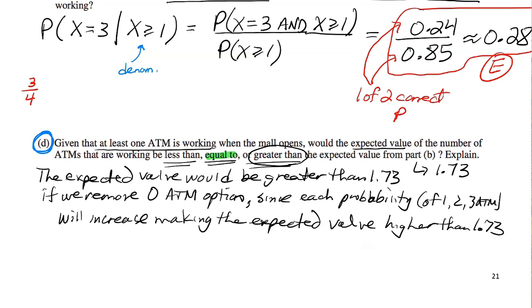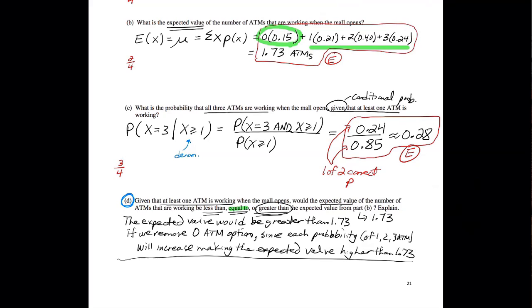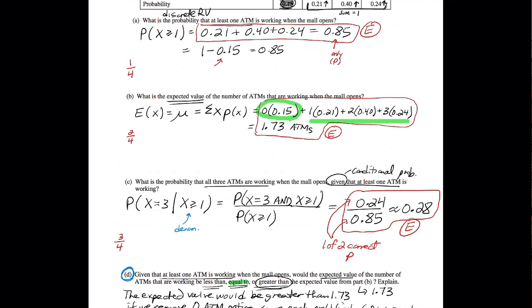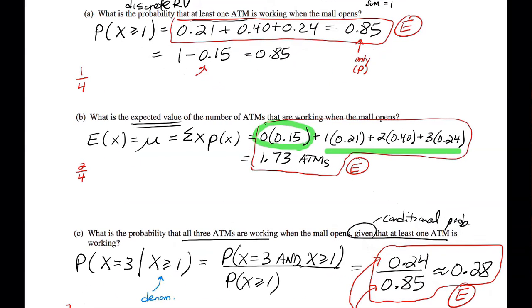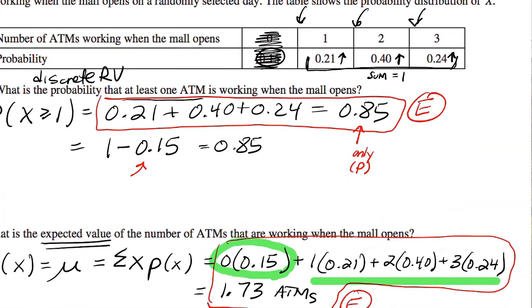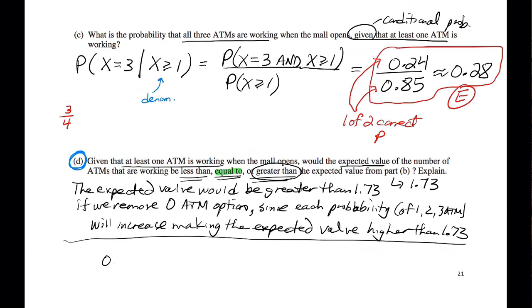Another approach you could take is you could actually calculate the new expected value, you might be interested in this. So if we did that, remember we had the at least one probability of 0.85. And those probabilities that we had originally, 21, 40, and 24, let me write these out. They need to add to 1, so what we do is we weight them each.